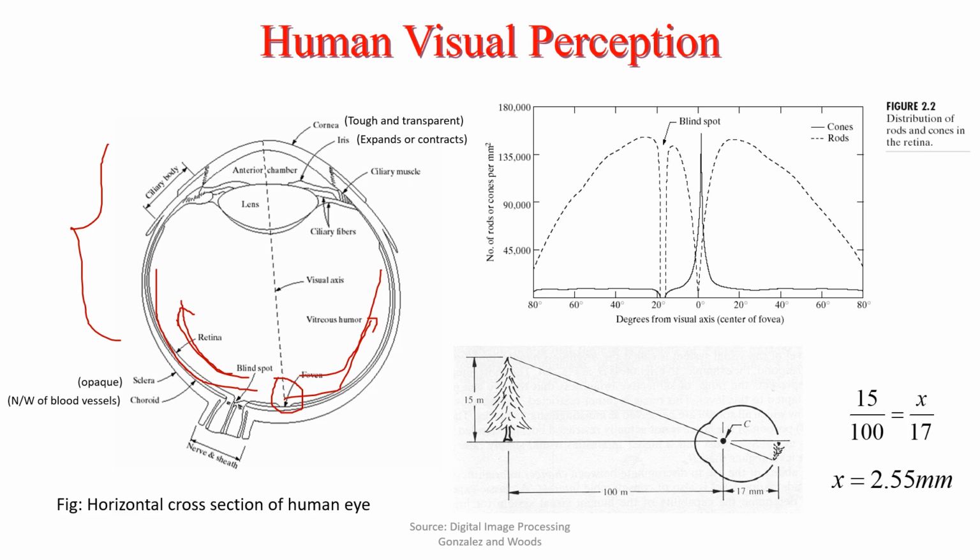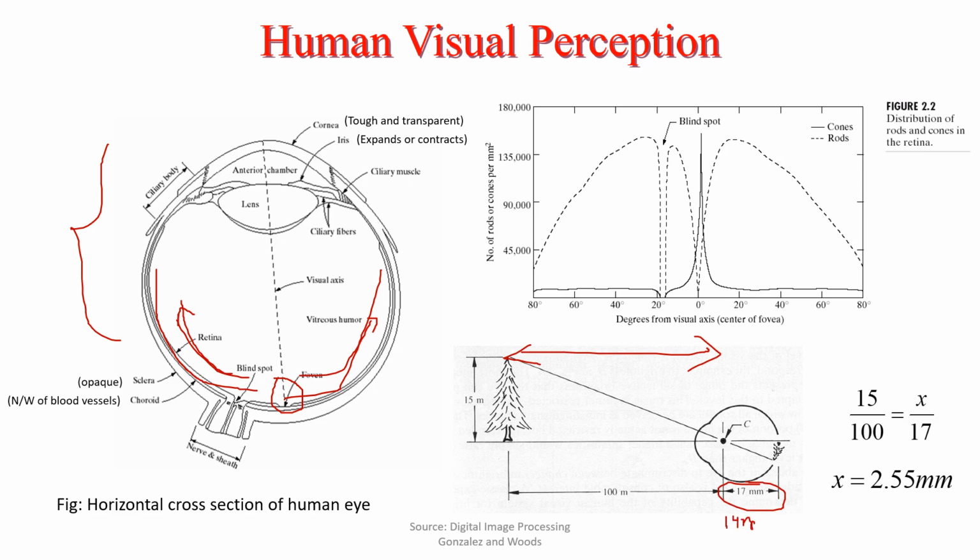The distance between the center of the lens and the retina varies from 17 millimeter to 14 millimeter. If the target is far away from the lens of the eye, the focal length is generally taken as 17 millimeter. If it is near, then it is taken as 14 millimeter.